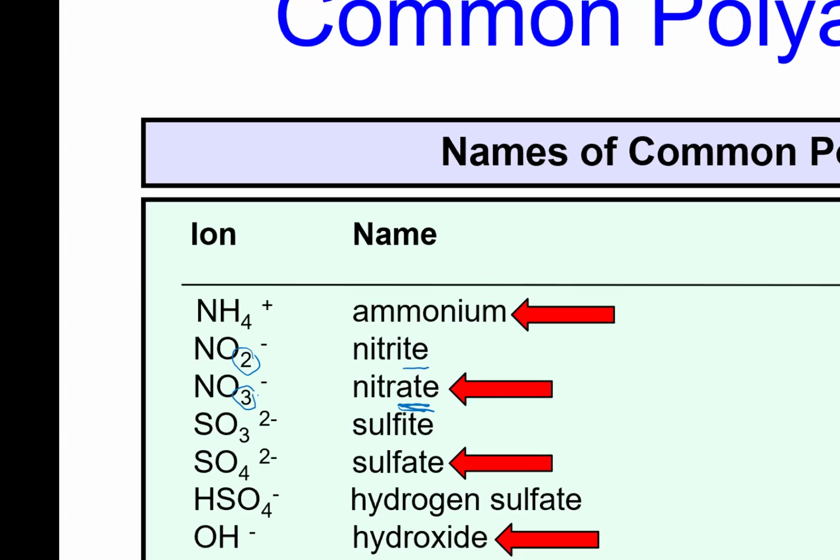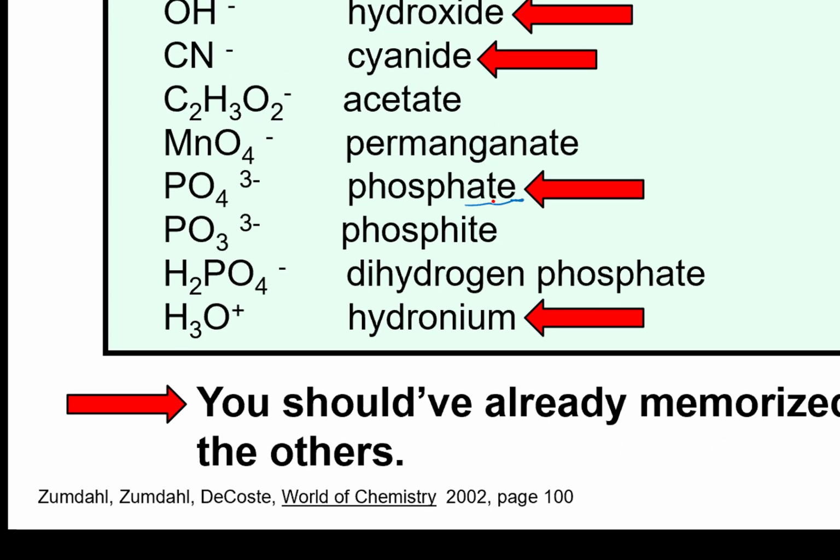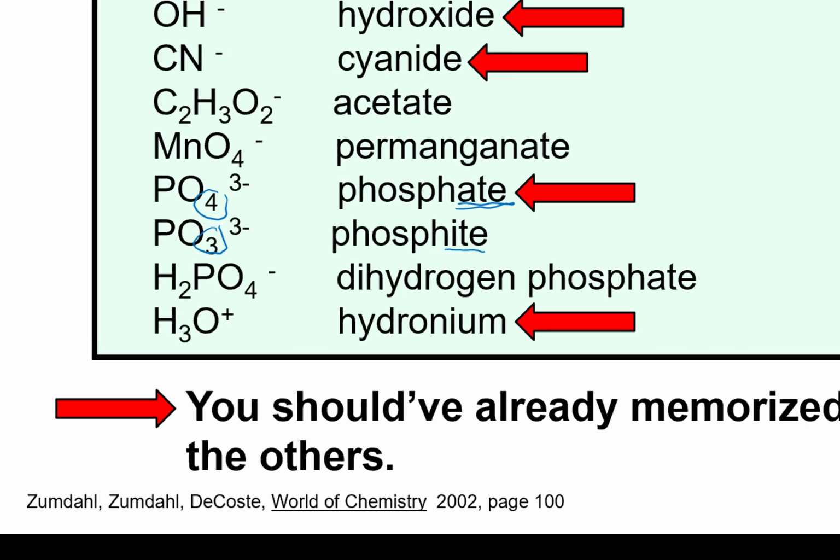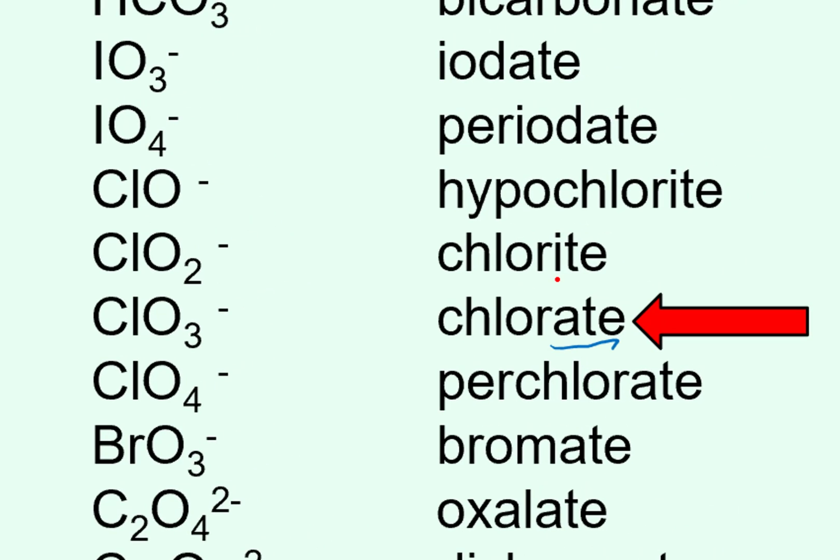Let's look at phosphate, has 4 oxygen atoms. Phosphite has 1 less, or 3 oxygen atoms. Let's look at chlorate. Chlorate has 3 oxygen atoms. Chlorite has 1 less, or 2 oxygen atoms.